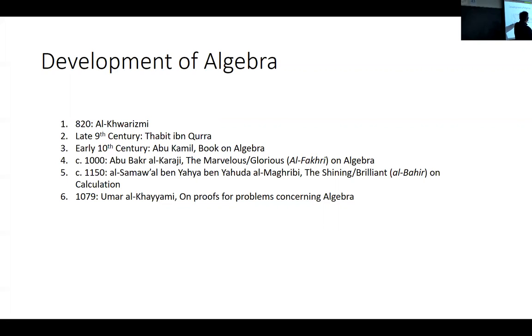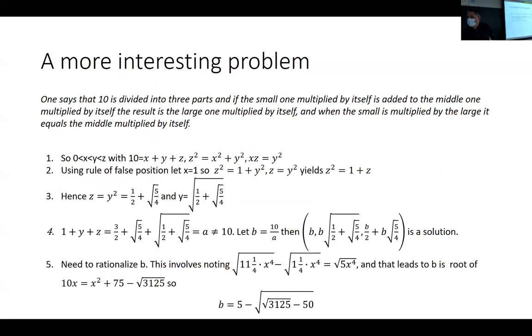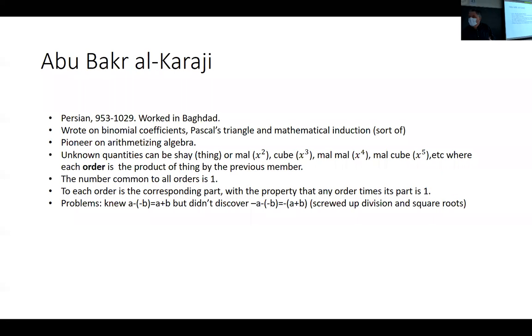He wrote a book which is called either the Marvelous or the Glorious. There's the Arabic word. So it's the Marvelous or the Glorious on algebra wa al-Mukabala. He was a Persian, but he worked in Baghdad.